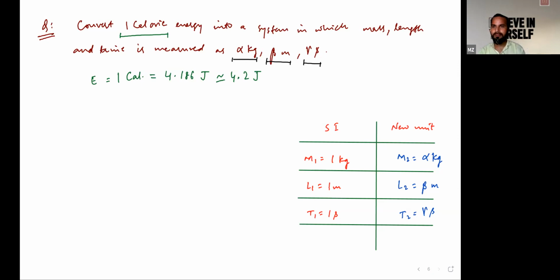Savita, check the exponential of beta and gamma. Rehab, send your answer. Rishan, Abdullah.